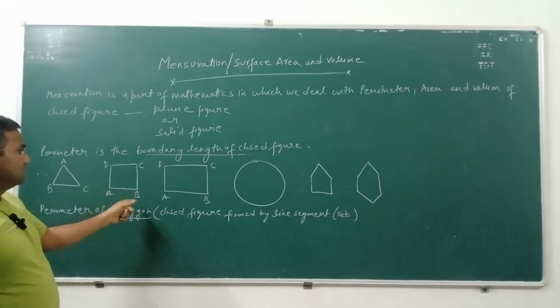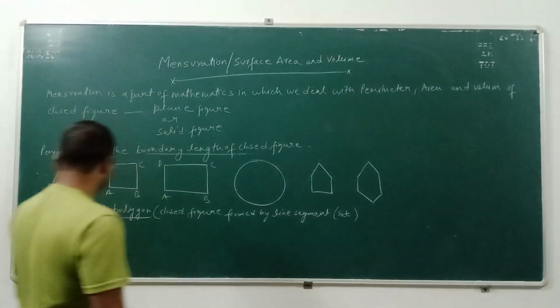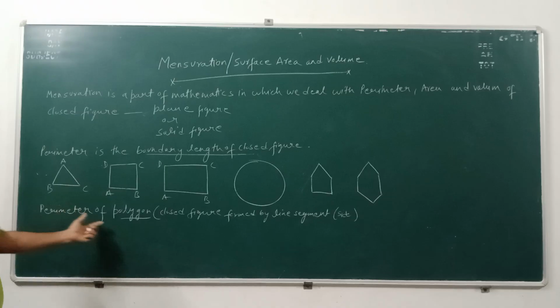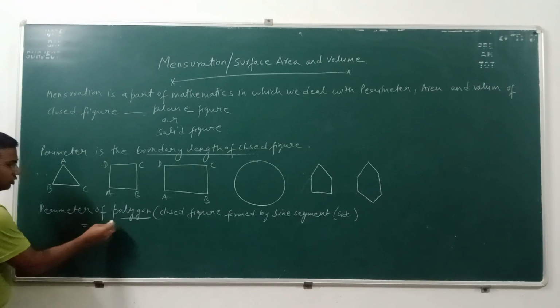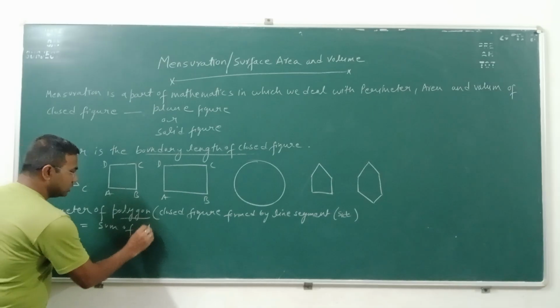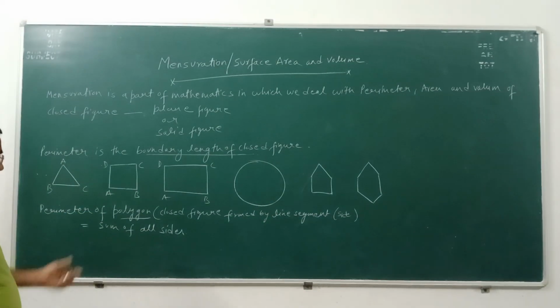Square is also formed by line segments. Rectangle is also. Pentagon is also. Hexagon is also. Okay, so how will you calculate the perimeter of a polygon? Perimeter of a polygon will be the sum of all sides.